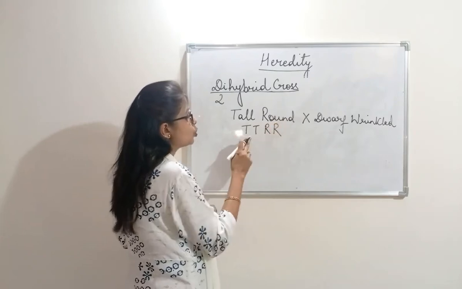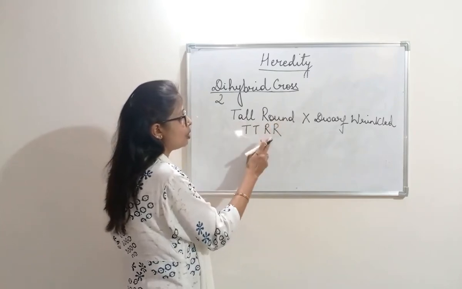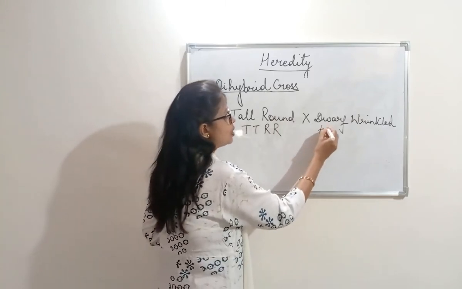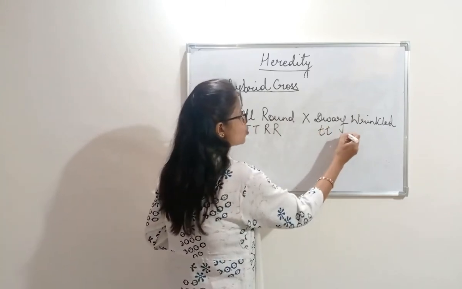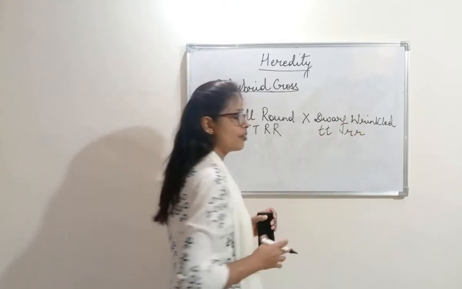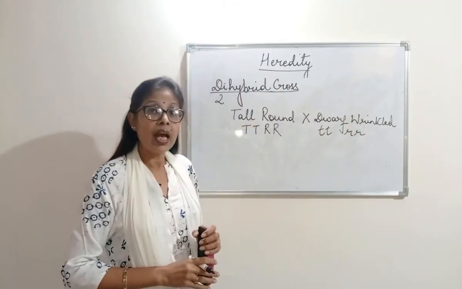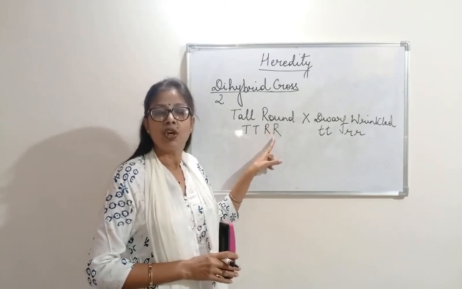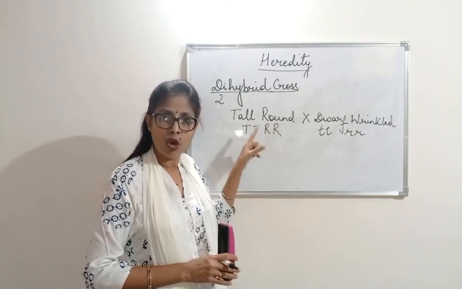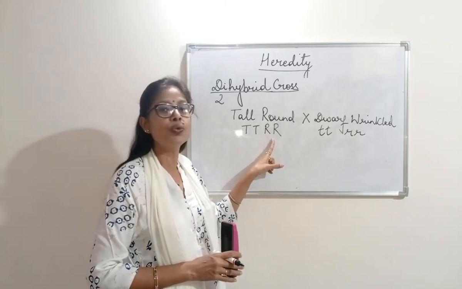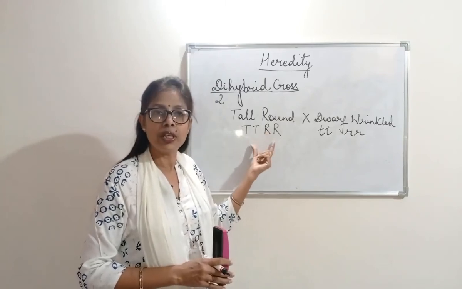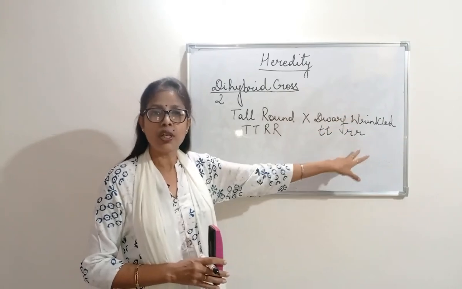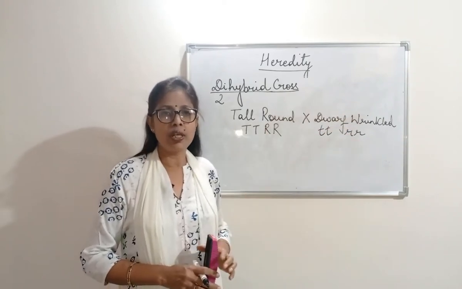That is 2 capital T for tall, 2 capital R for round, 2 small t for dwarf, and 2 small r for wrinkled. As I told you, the first letter of the dominant trait is always used to denote the dominant character, and for the contrasting character, the small letter.